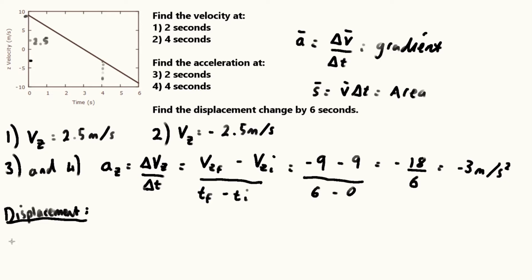Therefore, we can say that the z displacement is equal to the area of the graph, A. We wish to find the displacement change by 6 seconds, which is the very end of the graph here. And remember that our 0 velocity line lies along here.